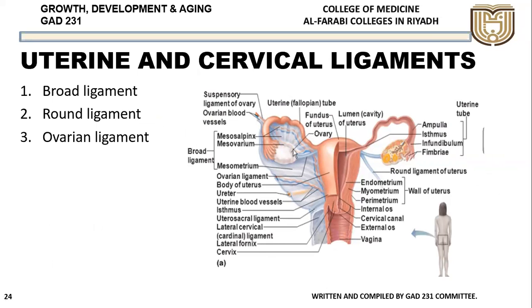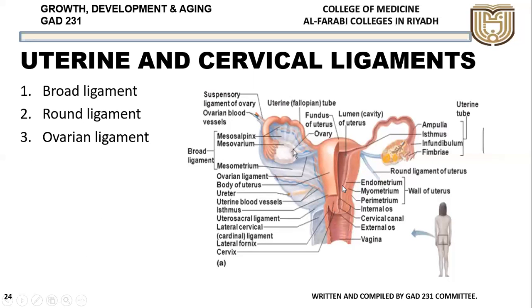Finally, coming to the uterine ligaments and cervical ligaments, which hold the uterus in its position. One is the broad ligament. As you can see, this peritoneal fold is called the broad ligament. This whole blue colored structure is the broad ligament.